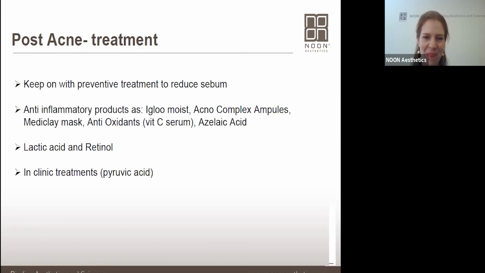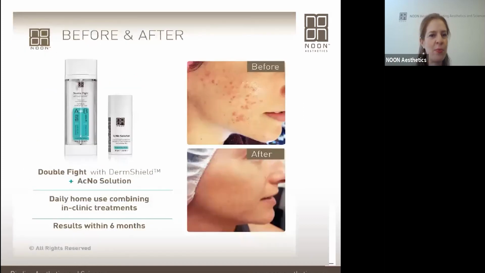Before I finish, I wanted to show you a few cases, a before and after, to show the results with NOON products, of course. You can see here a young woman that has a moderate acne papulopustulosa.